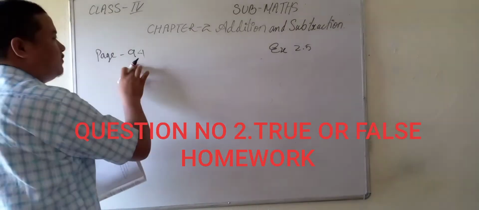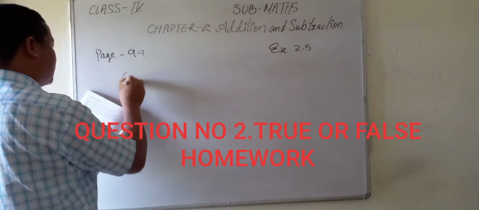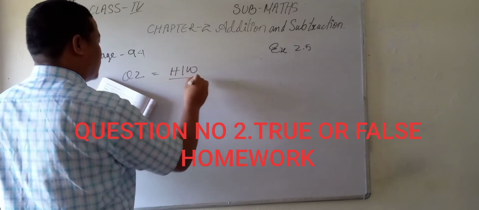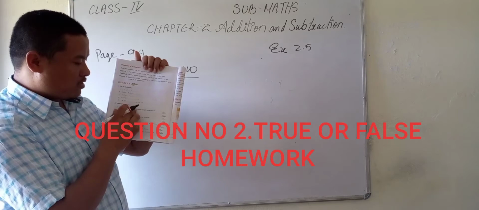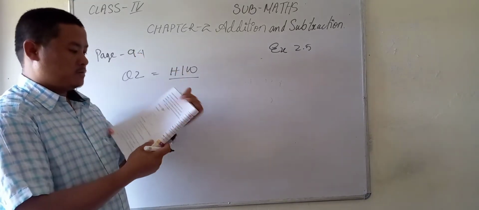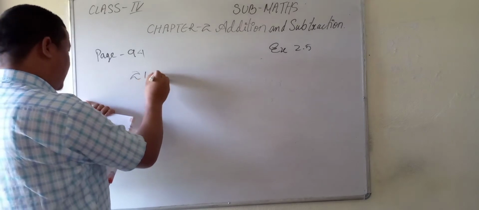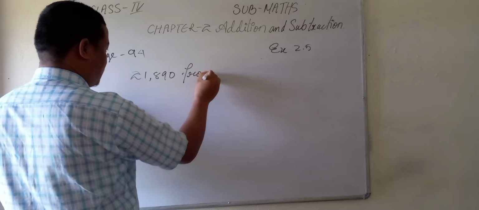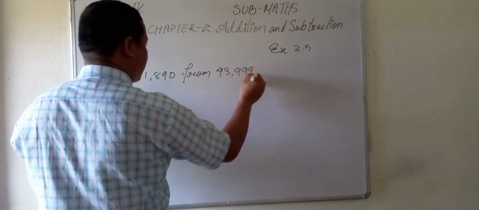Okay. Page number 94, exercise 2.7. Question number 1 is over. Question number 2 will be homework. Okay. This one, true or false. Right? True or false. Okay. Let's see. 21,890 from 43,999.